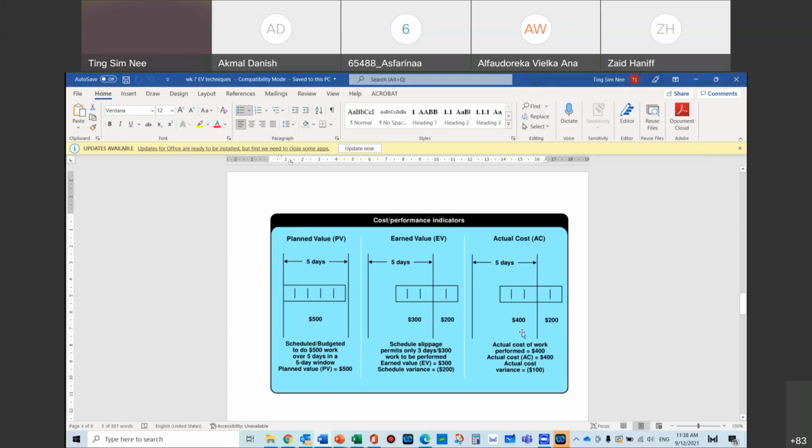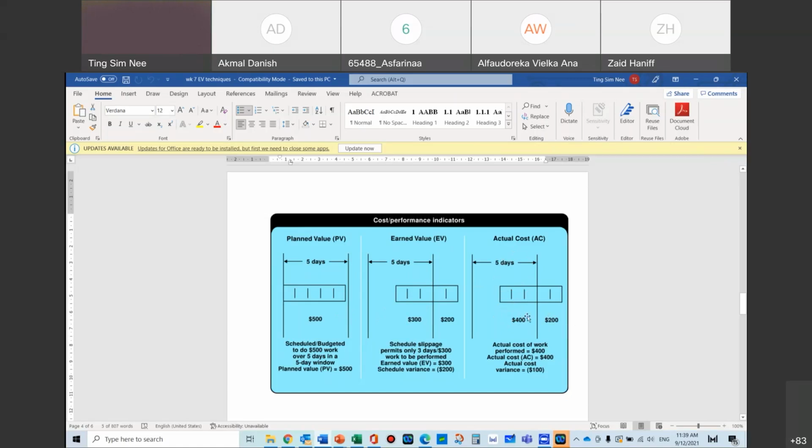The actual cost was 400 ringgit. Overspent already? It doesn't mean that you are off the budget, because 400 ringgit is still within 500 ringgit. You maybe claim less at the end, then we don't know.